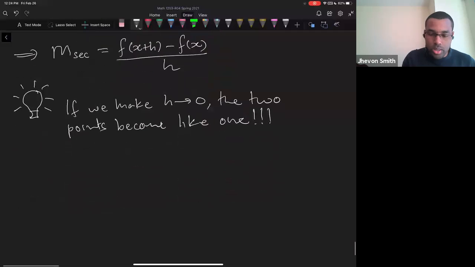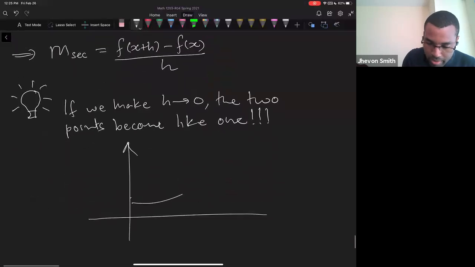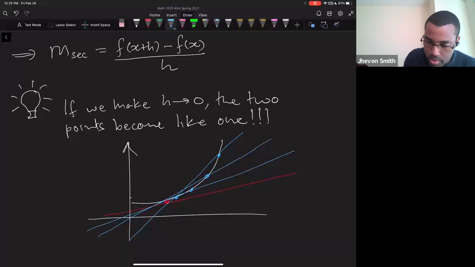Right? So notice what you're going to have happen is that you have this curve, you have the tangent line that you care about, and then you have a point like here, and what you do is you close the distance between the 2 points, to the point where the blue point is right on top of that point.